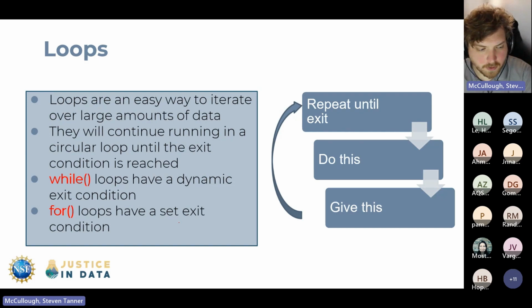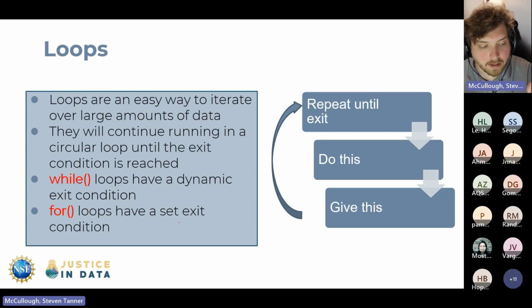A for loop, when you call or start the loop, it will have its exit condition predefined, meaning that if you say, I want a for loop that runs for 10 times, so for a number within the range of 10, it will always run 10 times regardless of what's happening in that loop.